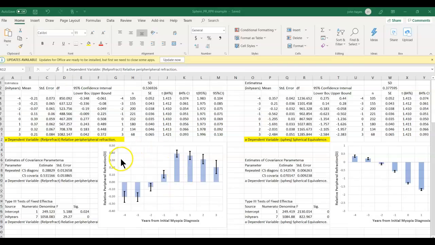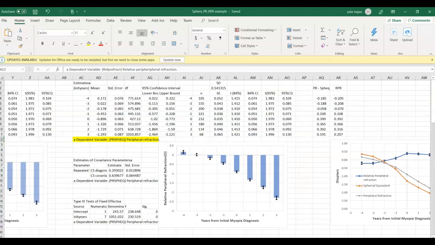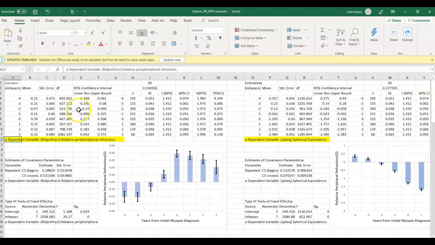So when we did our mixed model, we looked at a one-way analysis of variance. We had init years, and we had relative peripheral refraction, spherical equivalence, and peripheral refraction. And then we copied and pasted from the output the estimates. These are the years, the mean estimates given for each of the years.